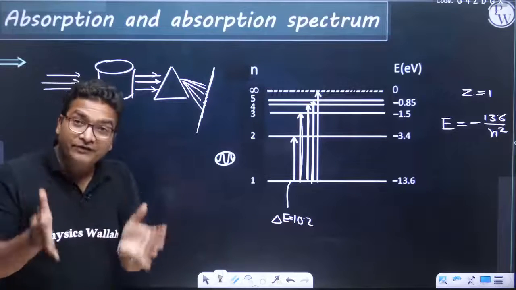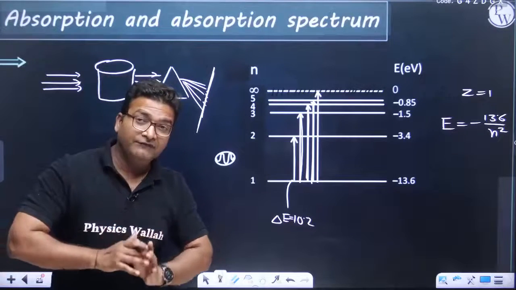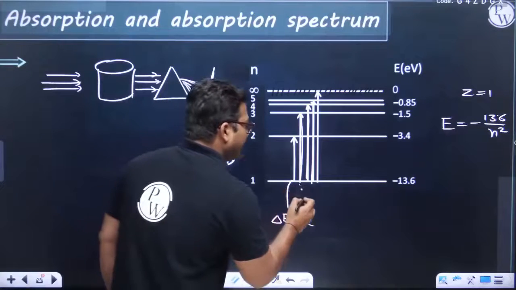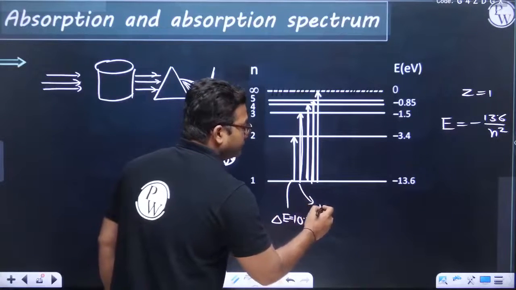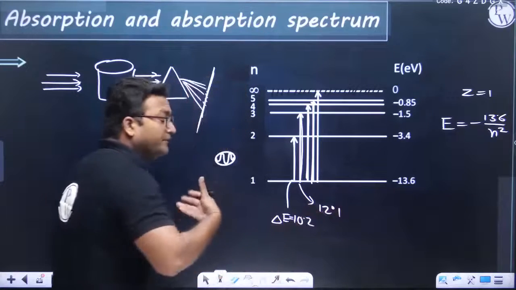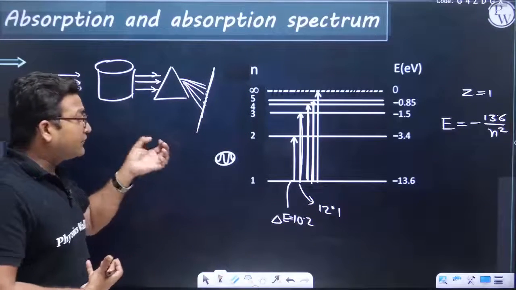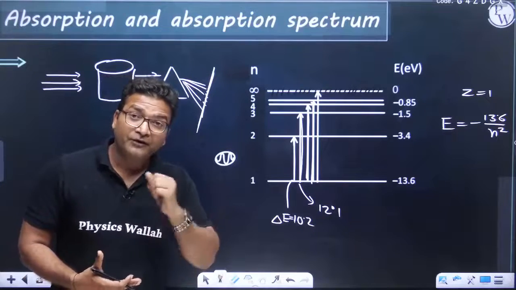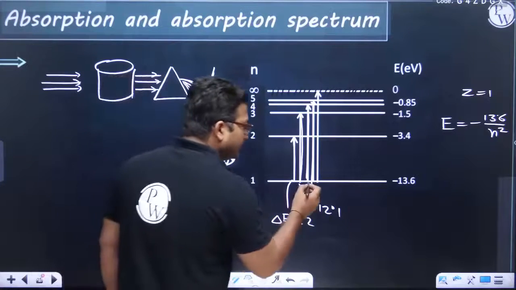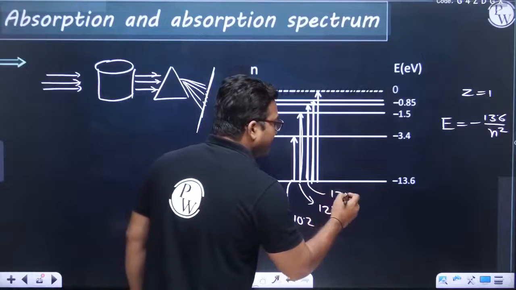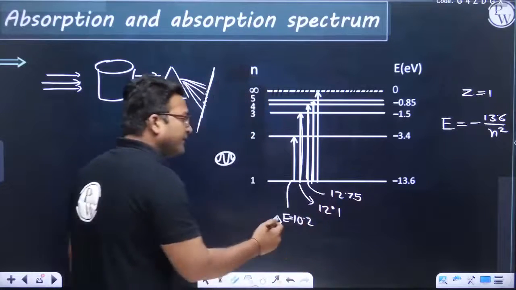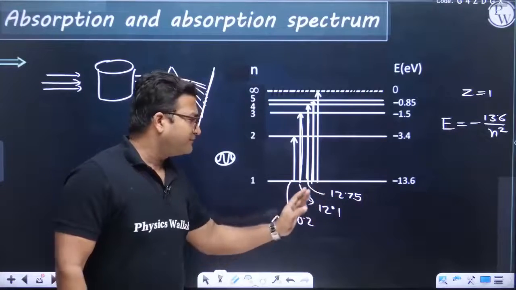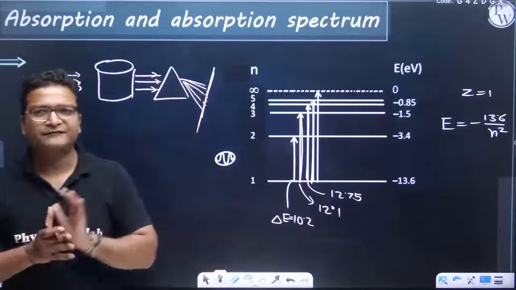This is by observation, we haven't said anything, we are observing this. The second gap has energy difference equal to 12.1, so we observe that photons having energy 12.1 are also absorbed. The third has an energy gap of 12.75, and we can find a few more gaps also, but remembering these three data is just sufficient, right?